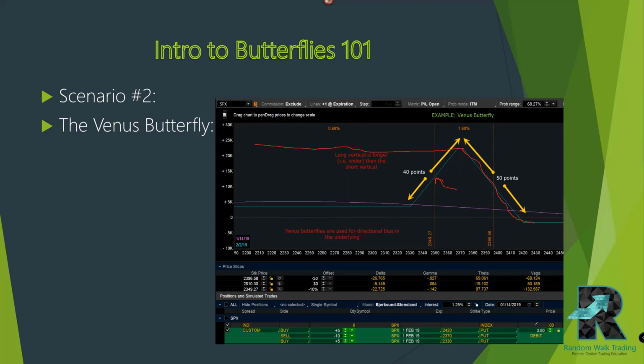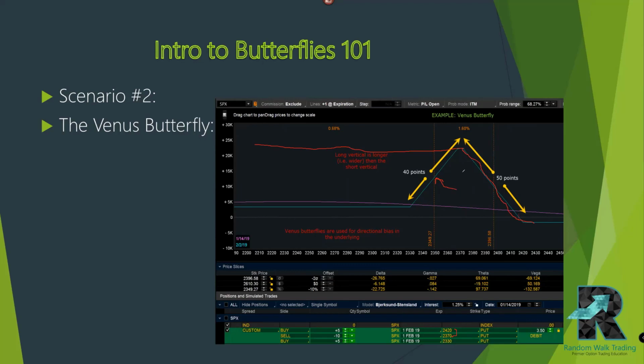So you can compare the cost by structuring a Venus fly and then structuring just a regular vertical. Just do a vertical with the 2420 and 2730 and compare the cost. If the cost difference is very small, then just do the regular vertical. But most of the time we're structuring this Venus fly because we're in a high IV environment.